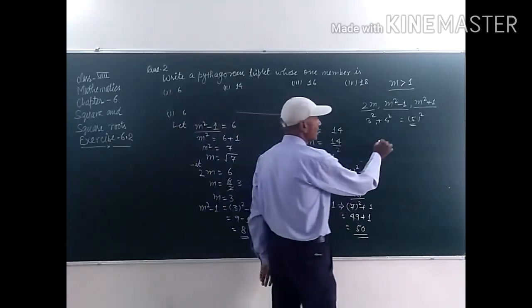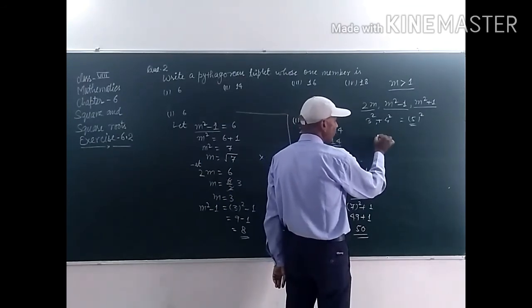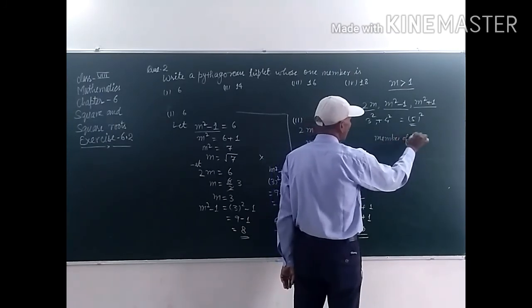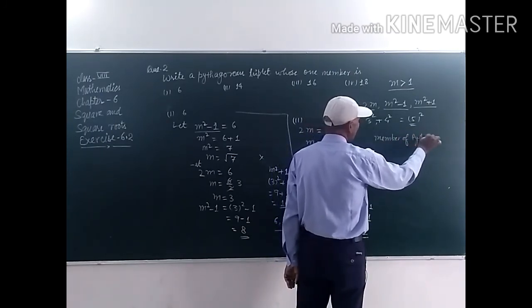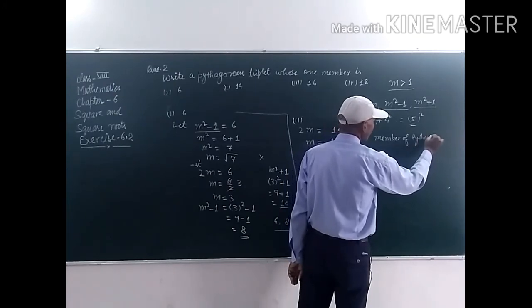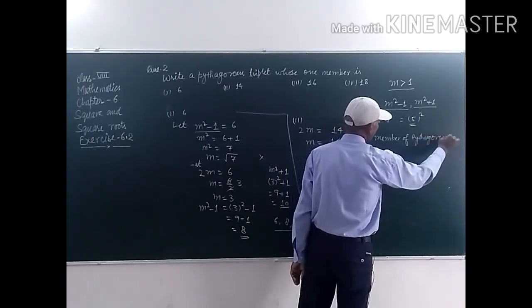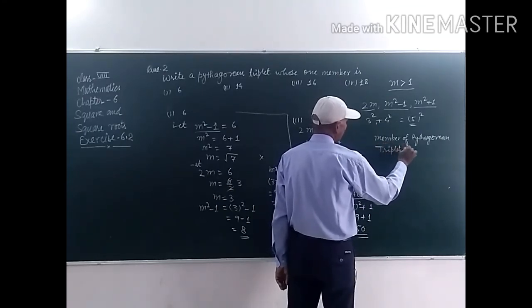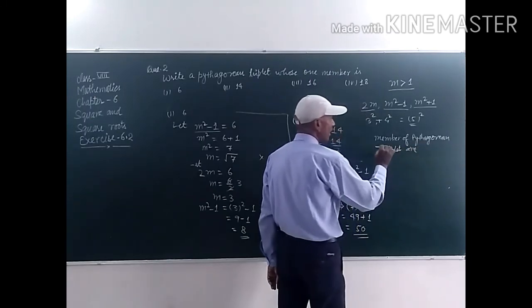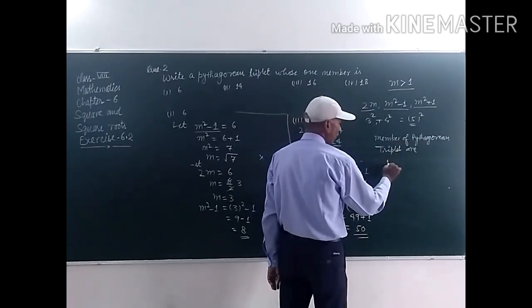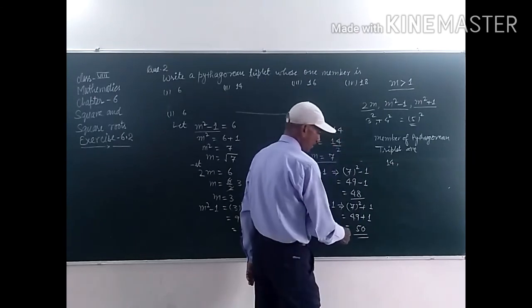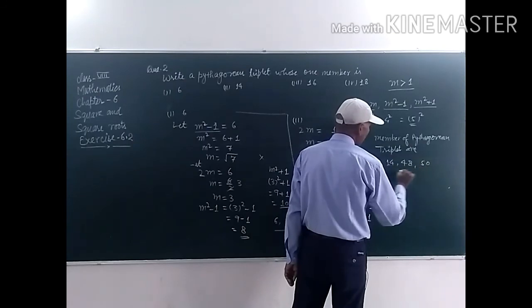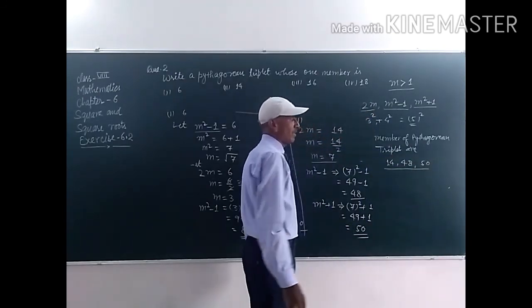So the answer is: members of the Pythagorean triplet are 14, 48 and 50. These are the members of the Pythagorean triplet, student.